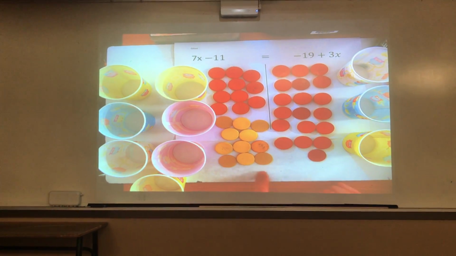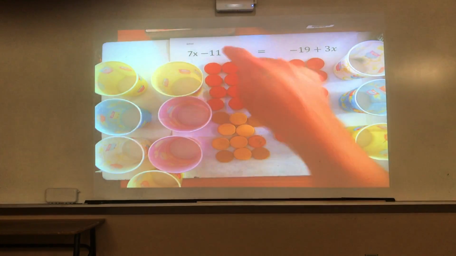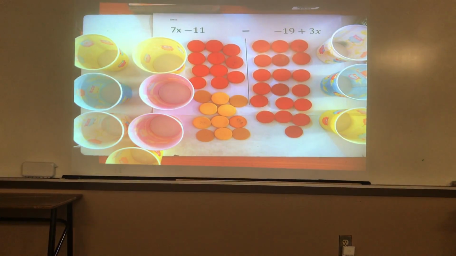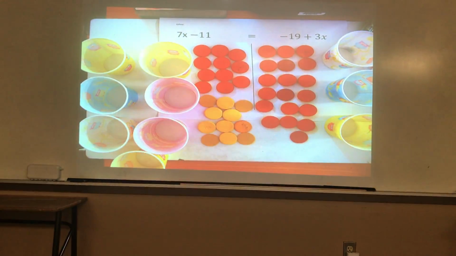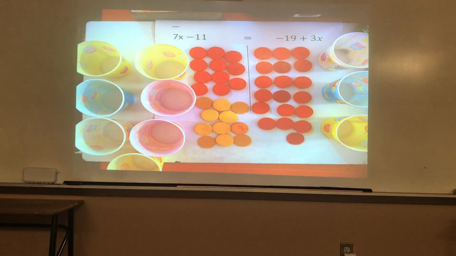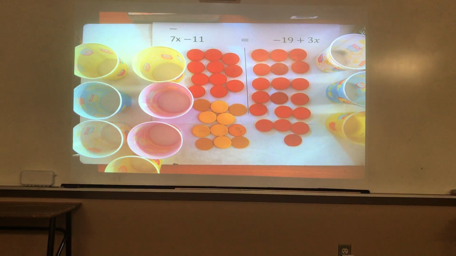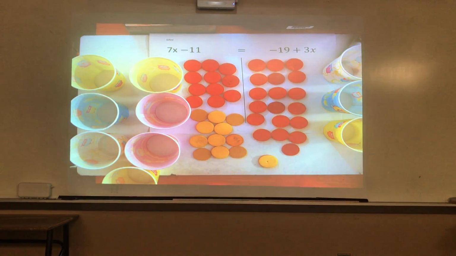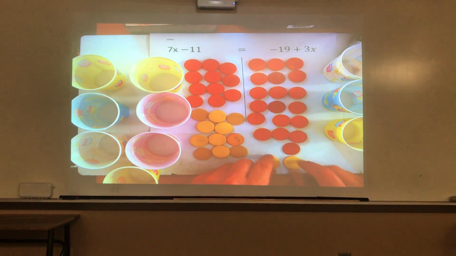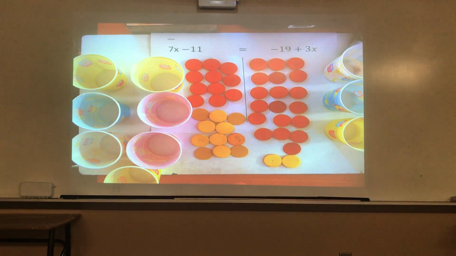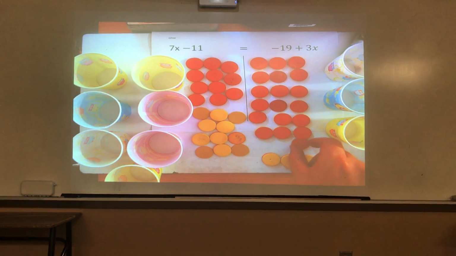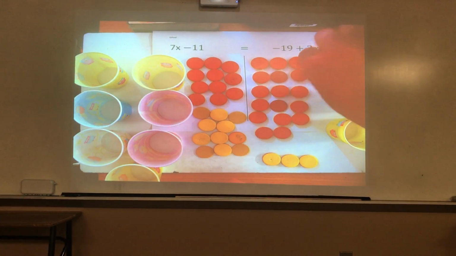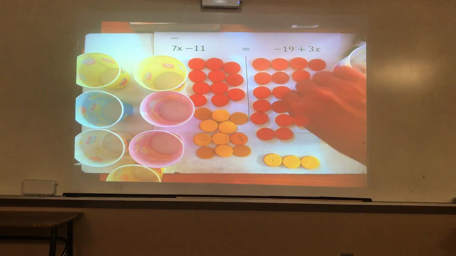Alright, so we got a positive 11, so we can shift it over to the right. So we have a 0 pair here, so we'll get those taken away here in a minute, so we can get some more room over here. So we're going to add 11 to the negative 19. Gotta get some room going.